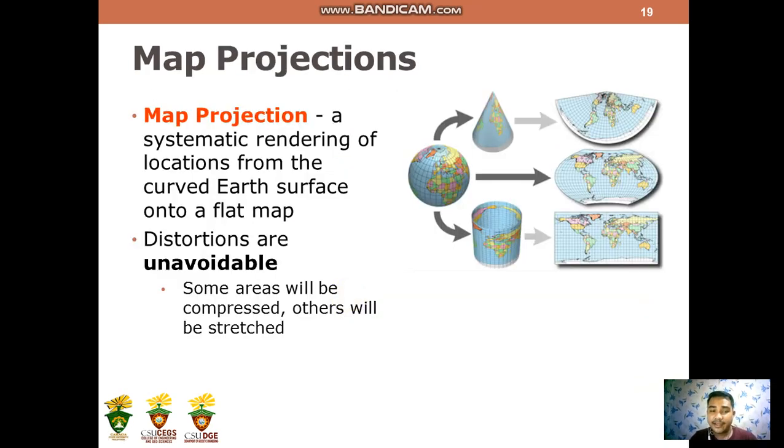And let's define what is map projection. So map projection is a systematic rendering of locations from curved earth surface into a flat map. Like kani, na globe or the three-dimensional earth. So iagi siya o map projection process like cylindrical. Kaning imagine na ninyo nga amoy paper nga tuyok or wrap aning sa globe, no?